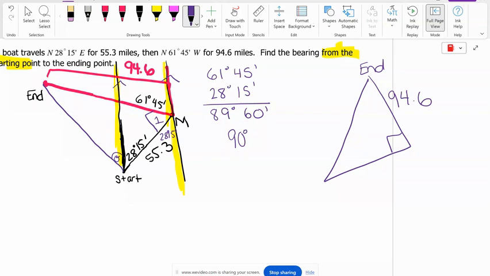Okay, so now we have our end, we have our mid, and here's our start. So now let's see, I have the 94.6. I had another measurement. Start to the midpoint is 55.3.